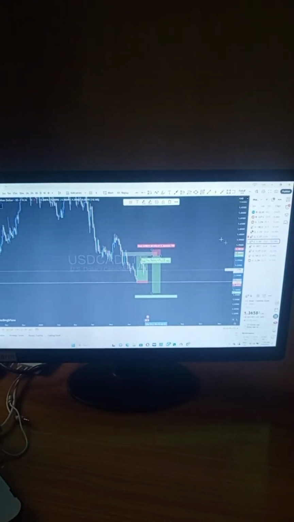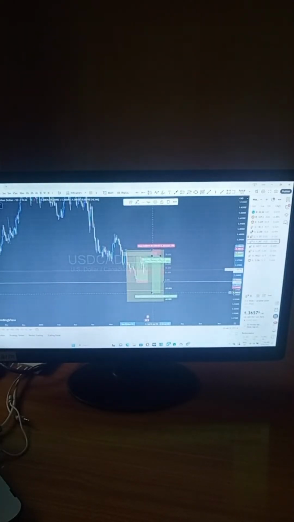Let me take my extension levels. This is the last high before this move, so I take my fib from the high to the low.